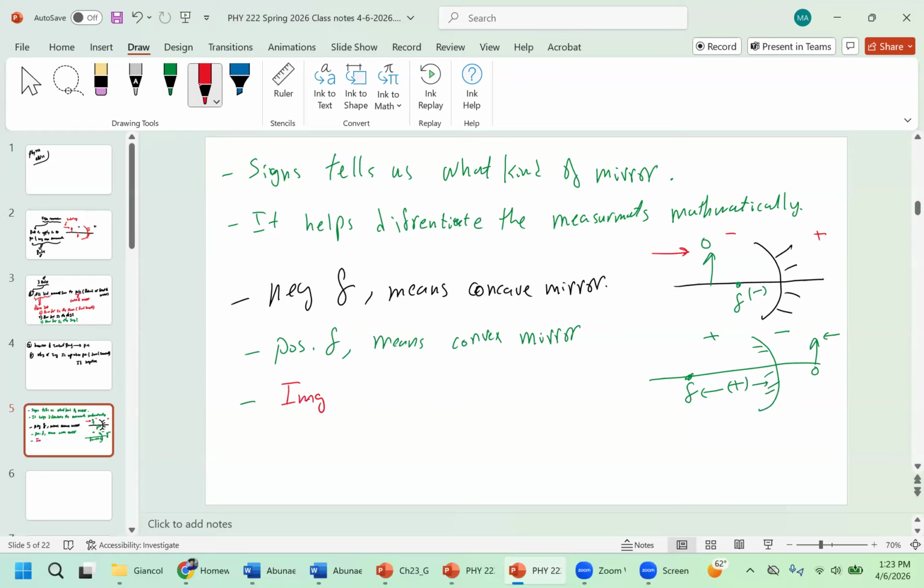If your image or object distance is negative, that means it's in front of your mirror.